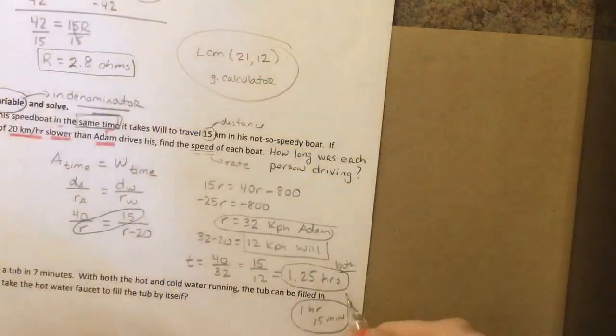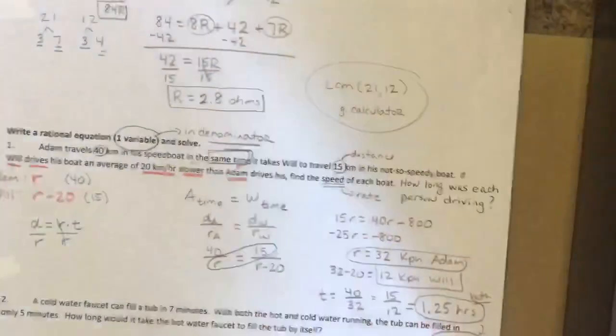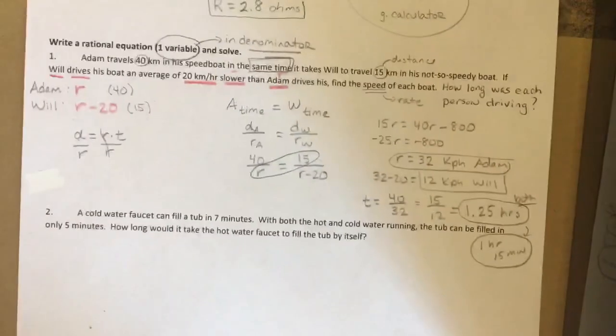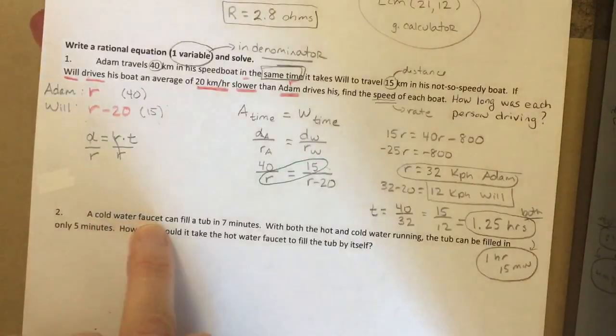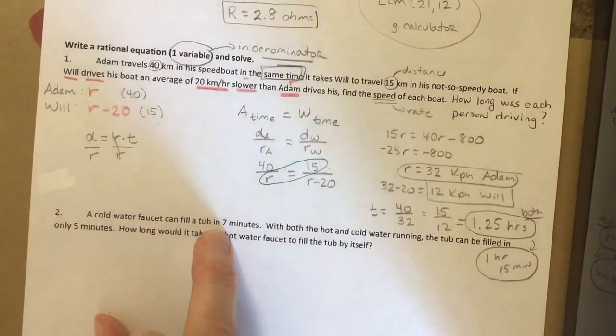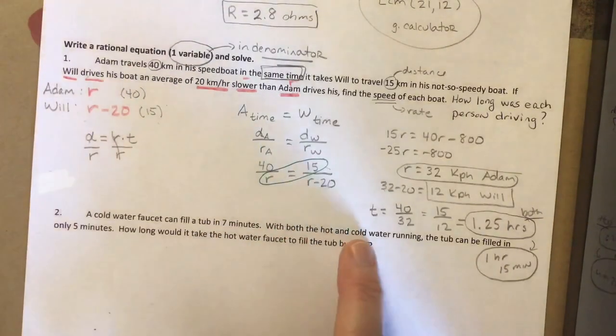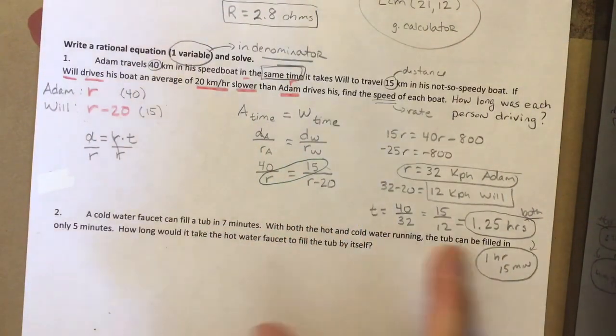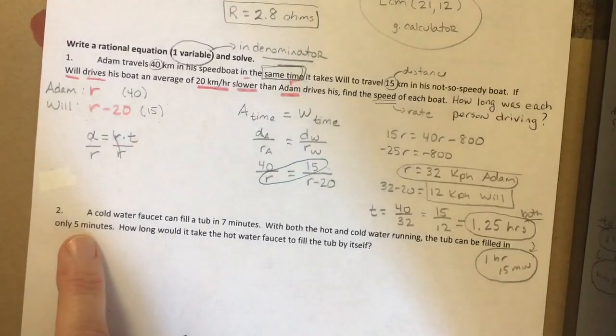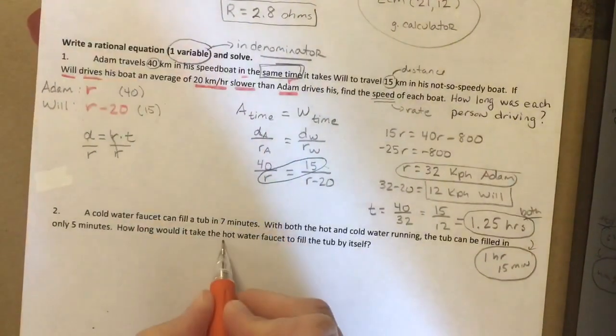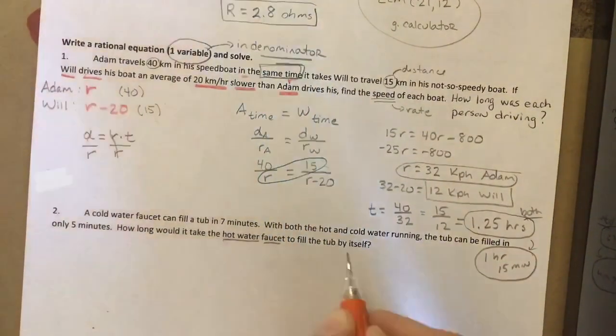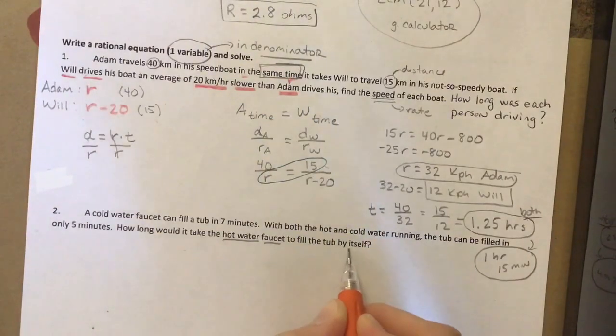All right, here's number 1. Next one. Cold water faucet can fill a tub in 7 minutes. With both the hot and the cold running, the tub can be filled in only 5 minutes. How long will it take for the hot water faucet to fill the tub by itself?